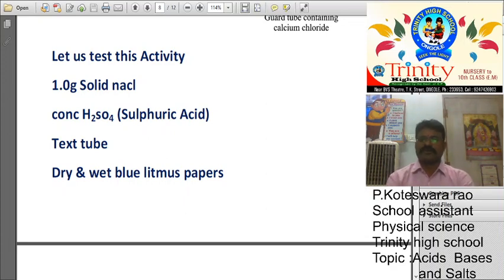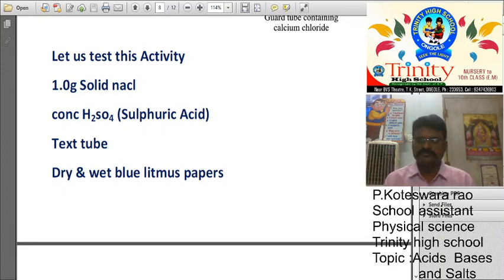NaCl means sodium chloride, common salt, eating salt. Every day you are using sodium chloride. Next, concentrated sulfuric acid, H2SO4, which is available in our laboratory.